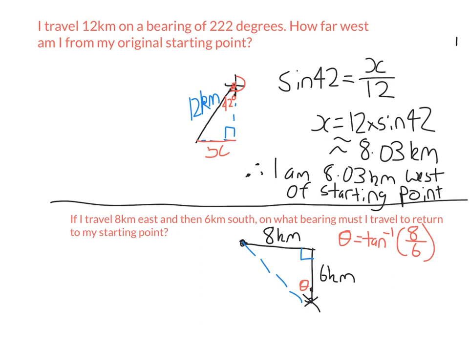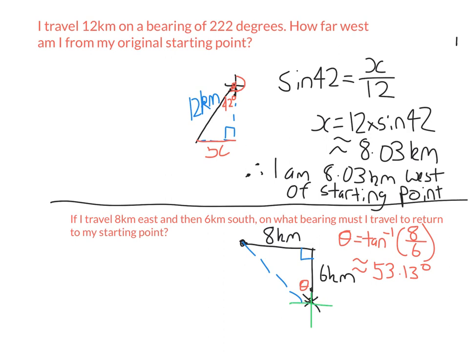So if we put this on our calculator, we should get about 53.13 degrees. So you're probably tempted to think, okay, cool, that's the answer. Well, no, that's not the bearing, because remember, the bearing is the angle made with the north axis going in a clockwise direction. So let's put a compass here.